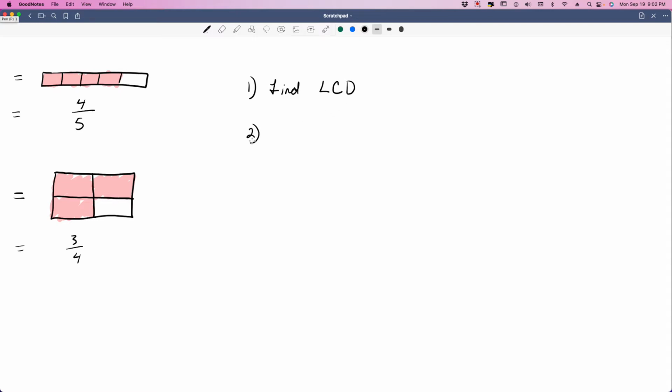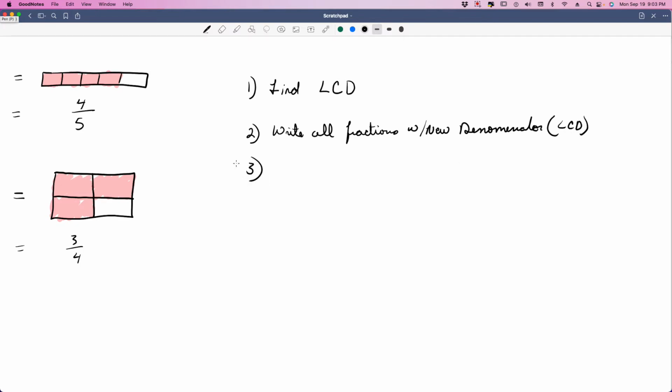Number 2, we're going to write all fractions with the new denominator, which is the LCD.